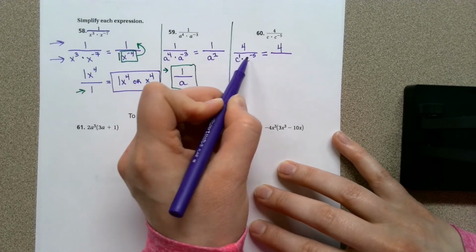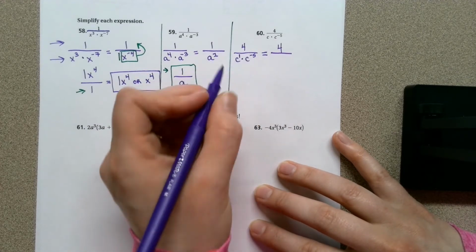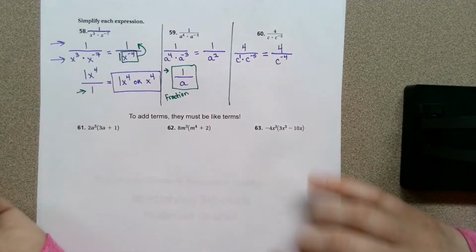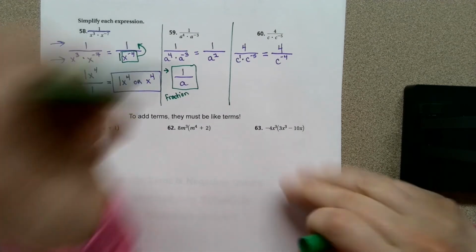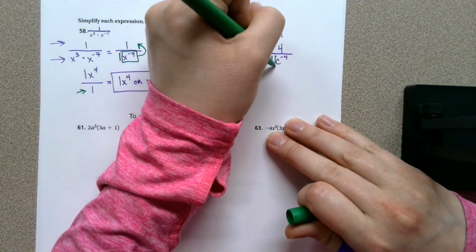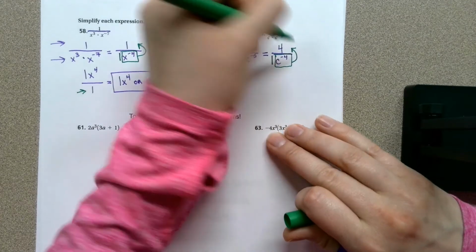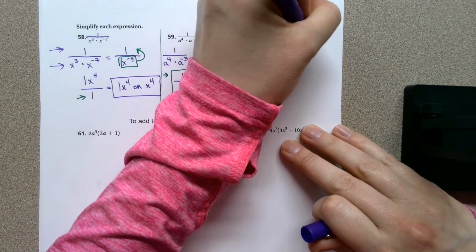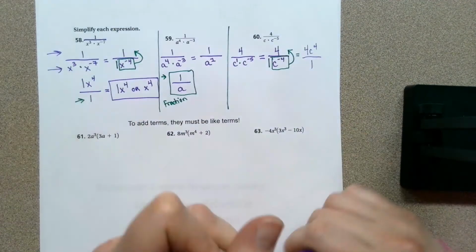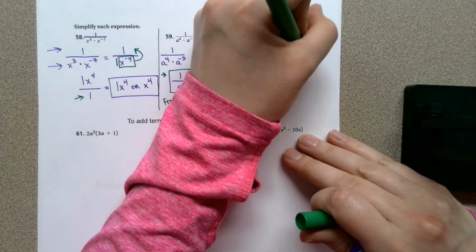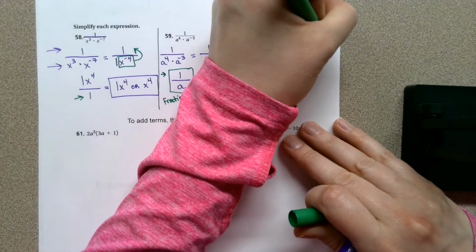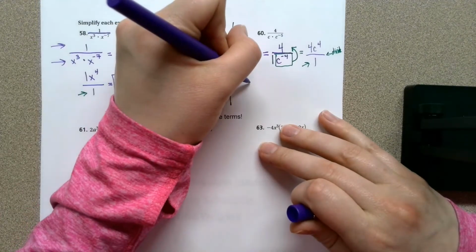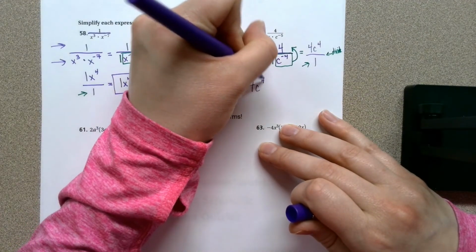We're going to add those exponents. 1 plus negative 5 gives us c to the negative 4th power. Then from there, we'll give that c a coefficient and bring the c to the negative 4th to the numerator, which gives us 4c to the 4th over 1. And in this case, because it's in the denominator, dividing by 1 doesn't change the answer. So it's just going to be 4c to the 4th power.